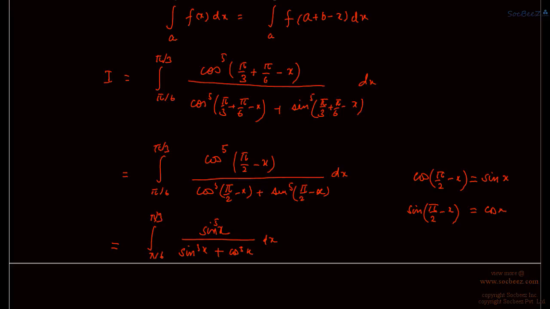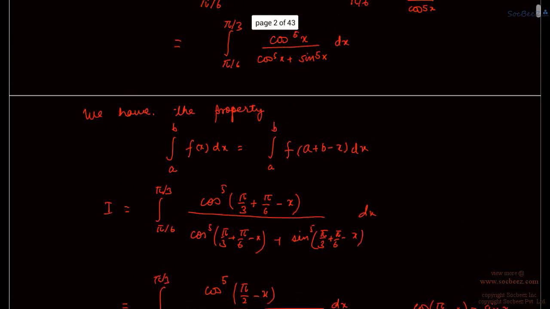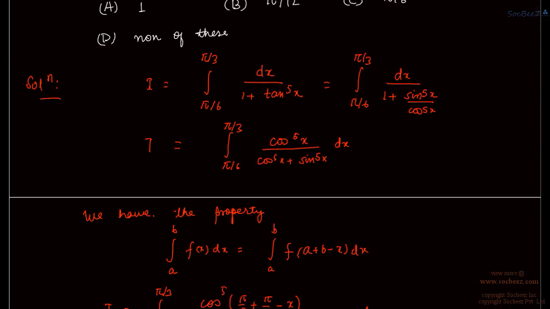Now we have the expression for I as the integral from pi by 6 to pi by 3 of sin 5x upon sin 5x plus cos 5x dx. And above we also have another relation for I, that is I is equal to the integral from pi by 6 to pi by 3 of cos 5x upon cos 5x plus sin 5x.